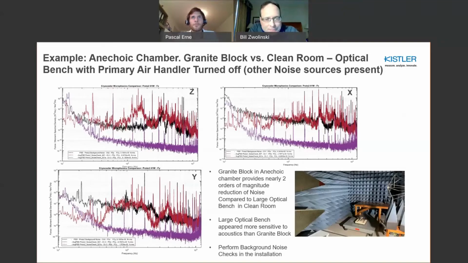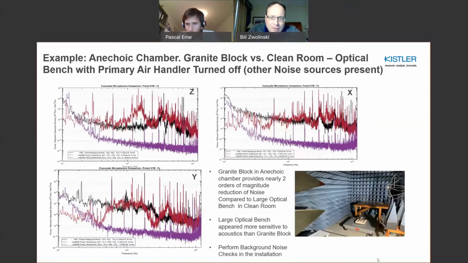It must have been, I don't know, probably 12 feet by 6 feet, 3 or 4 meters by a couple meters. And basically what we found was that the red curve there is really what the ambient noise conditions were in X, Y, and Z for that environment when we turned off the primary air handler, although there were some other noise sources.